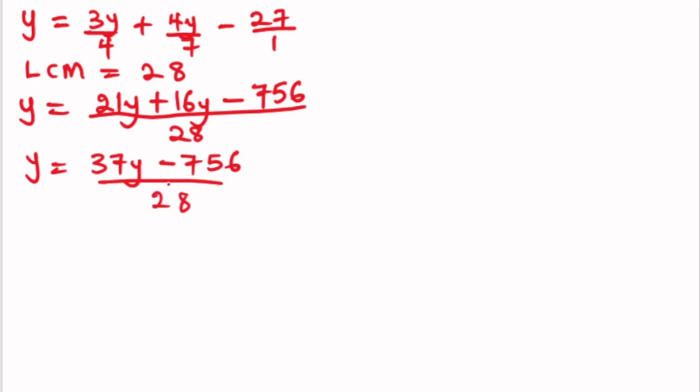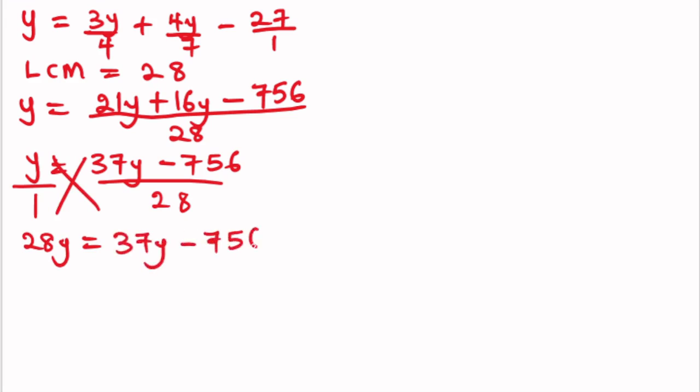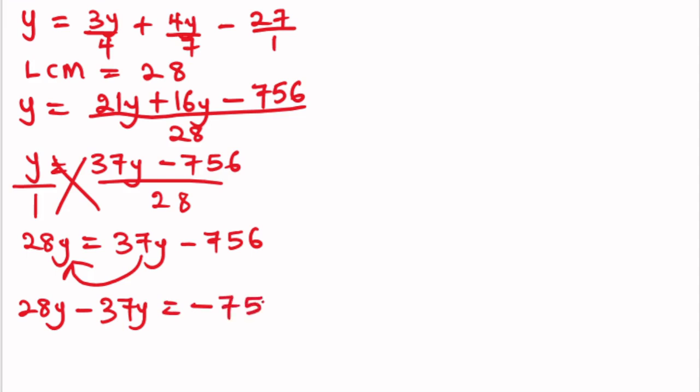So because of this fraction on the right hand side, we're going to cross multiply. So 28 times y gives us 28y equals 37y minus 756. So these two are like terms. We're going to collect like terms. Now 28y minus 37y equal to minus 756.